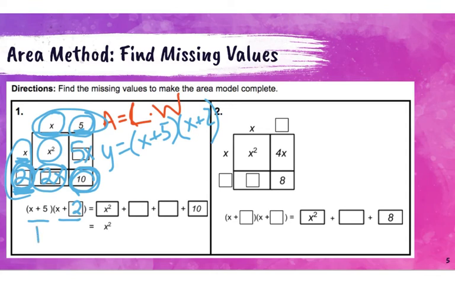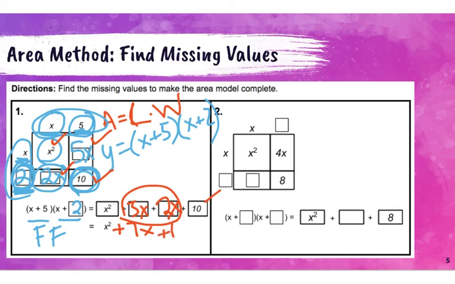All right, so I've got factored form over here, and now I'm going to write standard form. So I've got x squared plus 5x plus 2x plus 10. All right, cool. So I can combine my like terms. So that gives me x squared plus 7x.